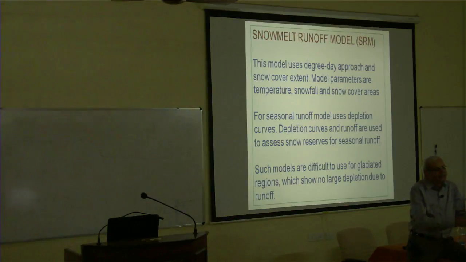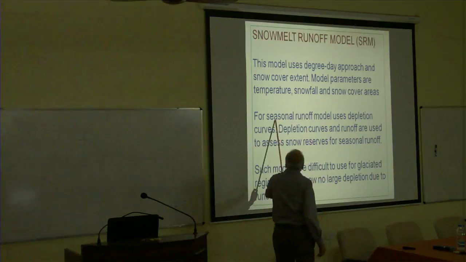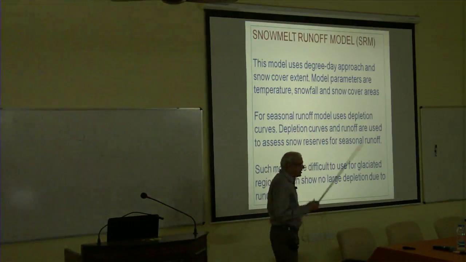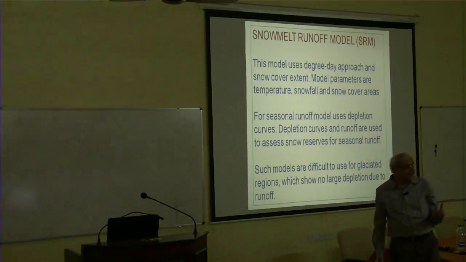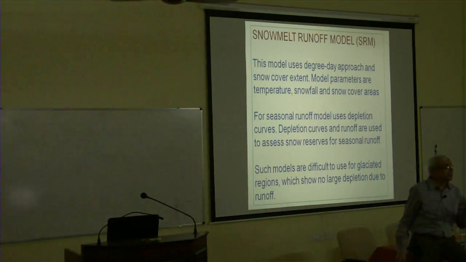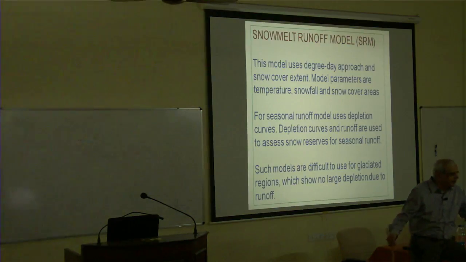See, if you look at the sentence before, the seasonal runoff model uses a depletion curve. That means in order to produce the runoff, the snow area has to retreat. And if glaciers are melting, they are not retreating on a seasonal basis. They may be retreating on a long-term basis, not on a seasonal basis.